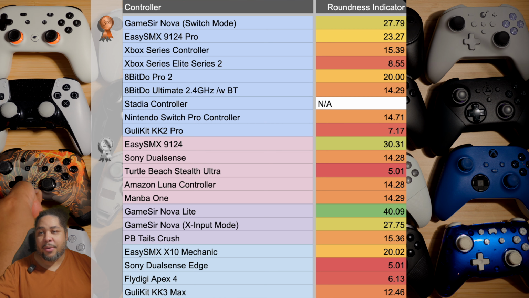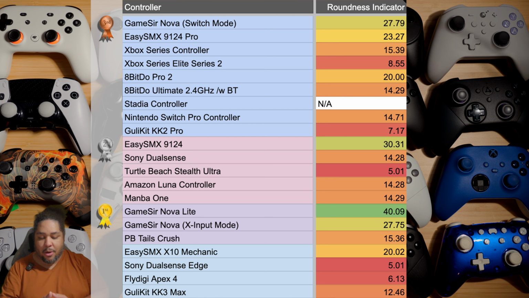Again, that controller, I knew it was great when I reviewed it, but doing those tests made me realize just how great it really is. In first position is the Gamester Nova Lite. And that's the reason why I keep going back to that controller. The Gamester Nova Lite is such a no-brainer.